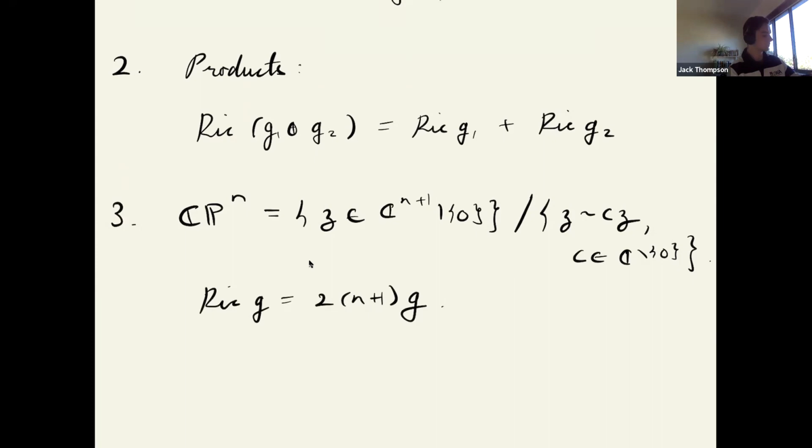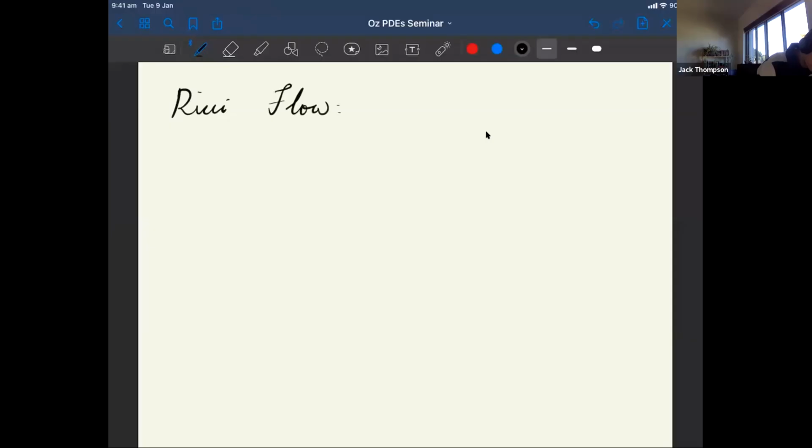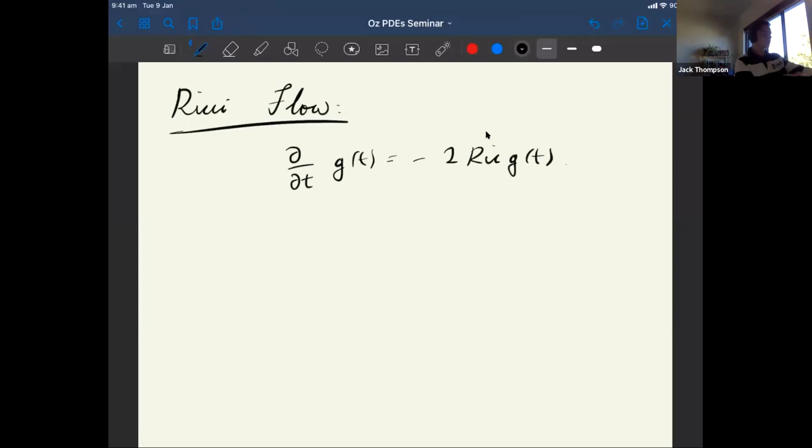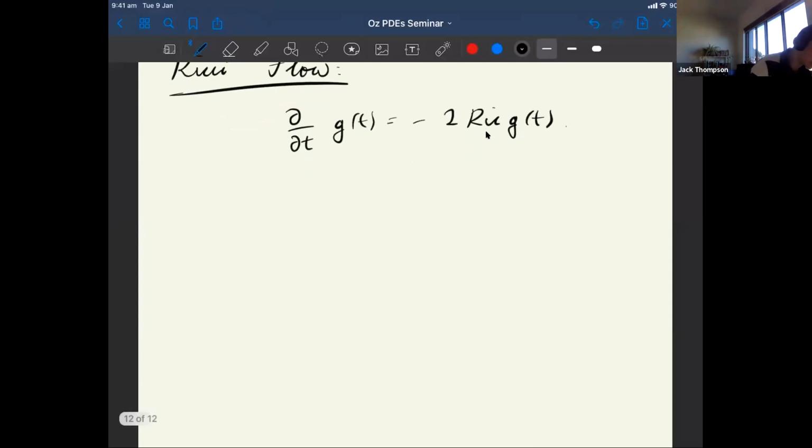So to remind everyone, this is really the equation that we want to find solutions to. So let's begin by assuming that our initial metric is Einstein. So g0 is Einstein.